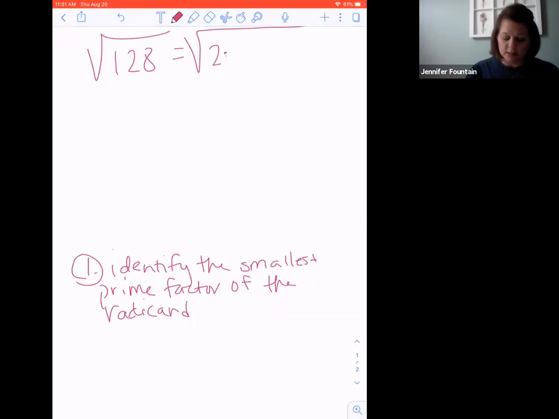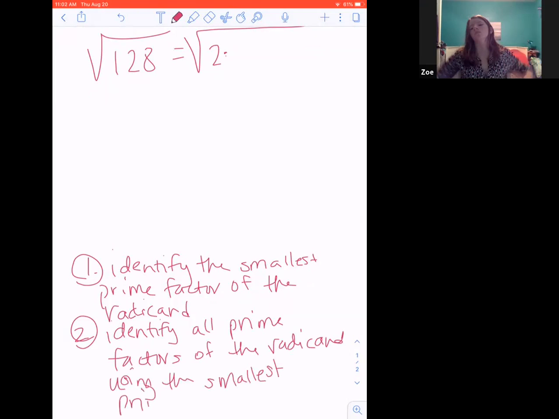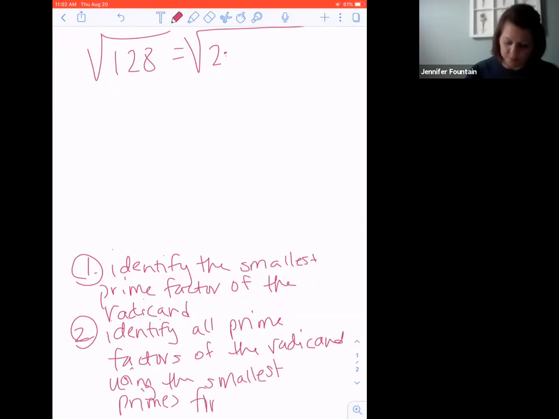Okay, so my step 2 is going to be to identify all prime factors of the radicand using the smallest primes first.